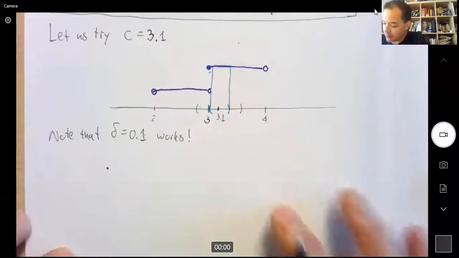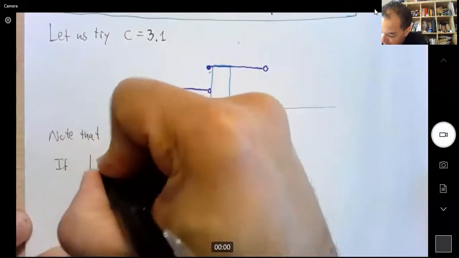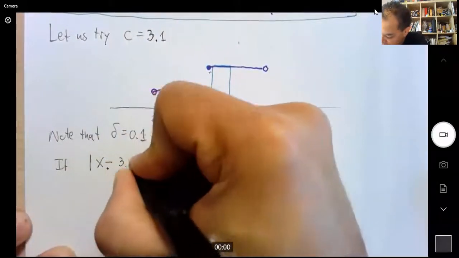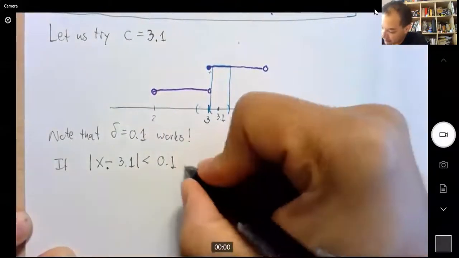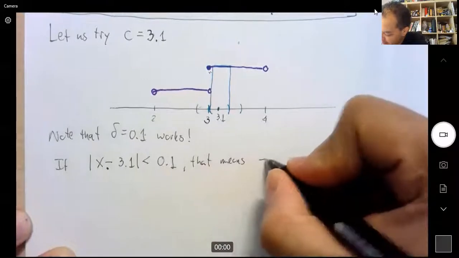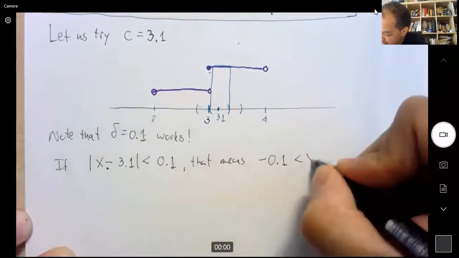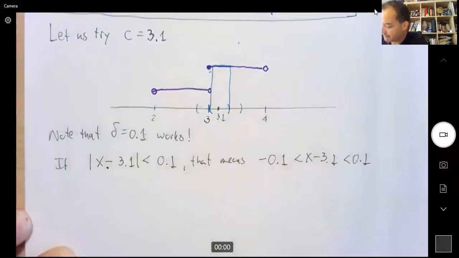Why? Well, because if |x minus 3.1| is less than 0.1, what does it mean? It means negative 0.1 is less than x minus 3.1, which is less than 0.1, correct?